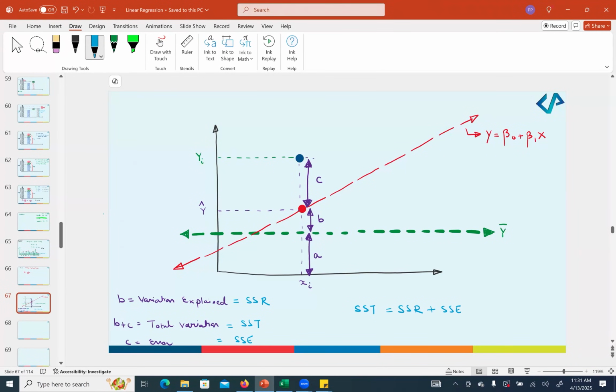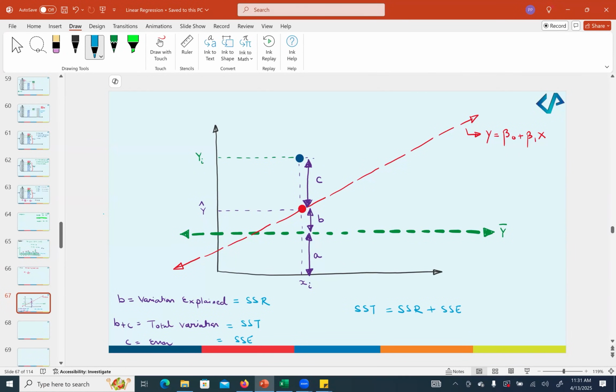Right? The total variation is nothing but the variation that was explained by my model plus the variation that was not explained by my model. Okay, this much on this.